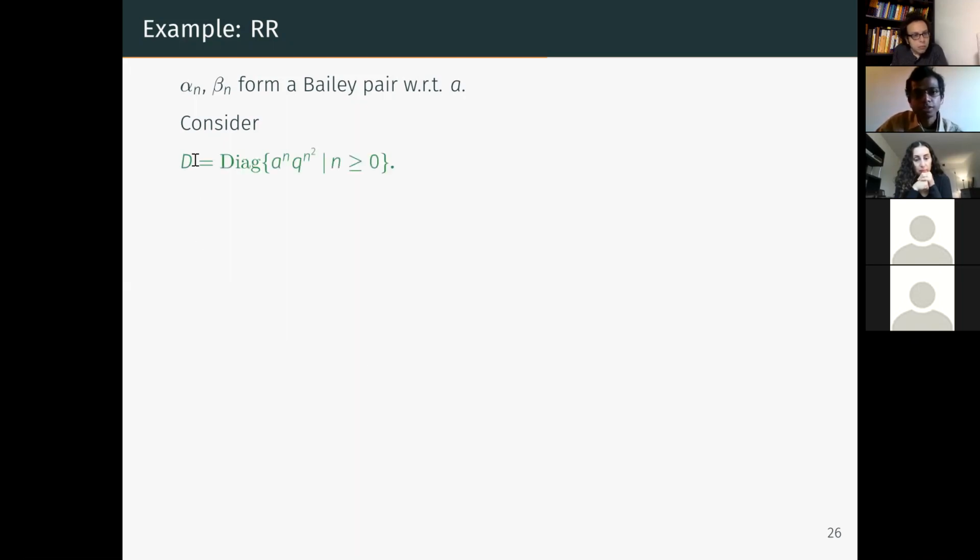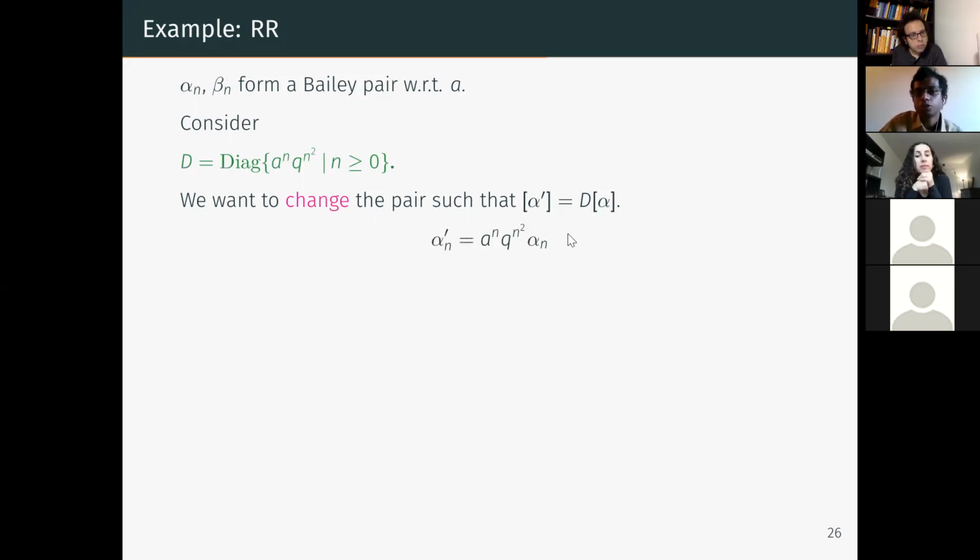What I'm going to do is consider this diagonal matrix a^n q^(n squared). It's a diagonal matrix, and I want to change the alphas by multiplying this column vector of alphas by this D, and I'll get new alphas, alpha prime. In short, alpha prime n is a^n q^(n squared) times alpha n for all n.